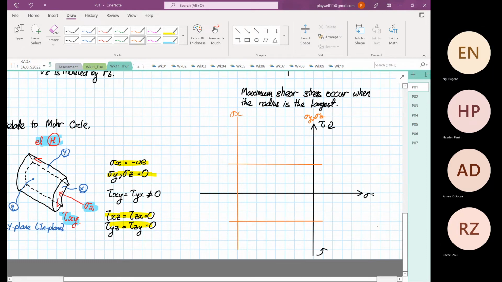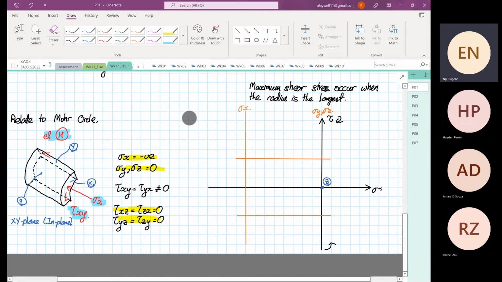What we are very sure of is point Z is over here. That's our point Z. So we try to locate point X on Mohr circle from the element. The element is going to rotate in a clockwise direction.